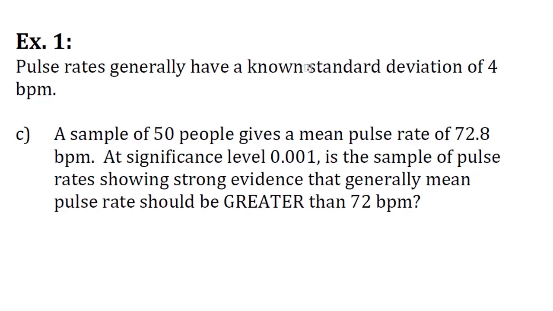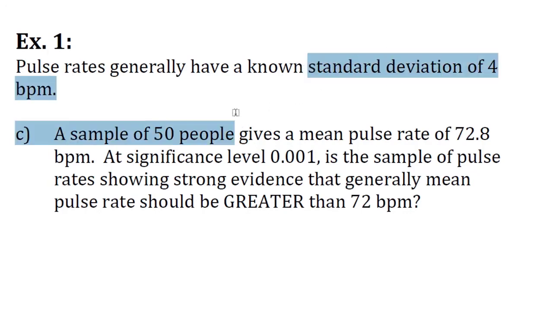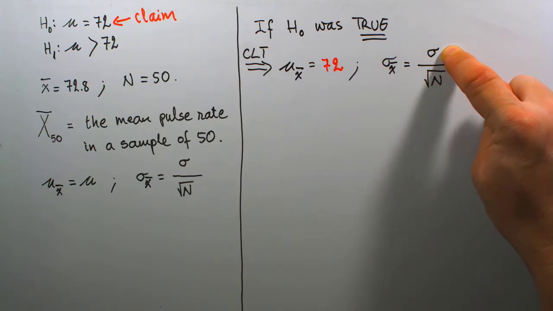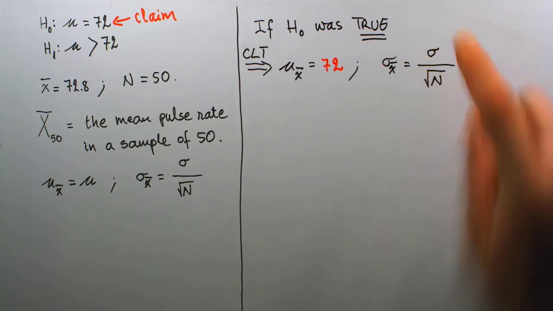So this known standard deviation is independent of any other sample, because we have seen quite a few different samples already, and this standard deviation remains the same. And so we can use that value here as our population sigma value, our population standard deviation.